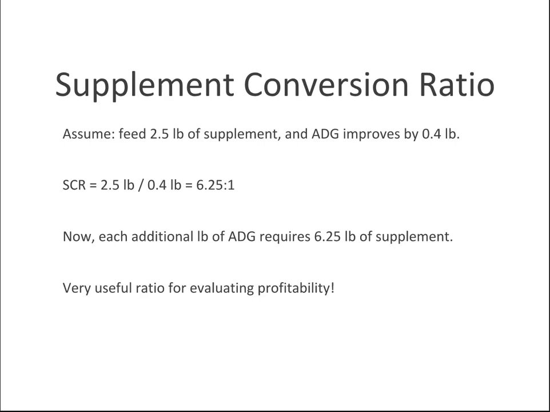In the next video, we're going to show that the concept of supplement conversion ratio will be very useful for evaluating the profitability of potential supplement programs. Once you watch that video, come back to this discussion of supplement conversion ratio if you need to.